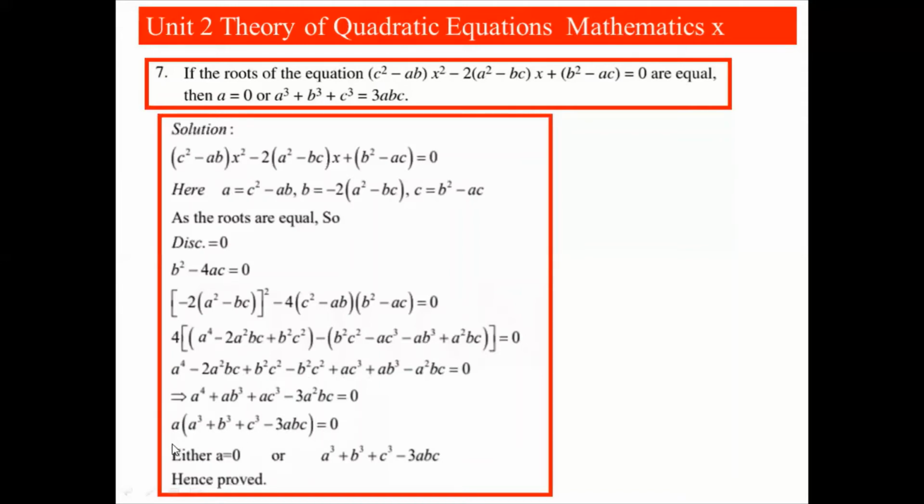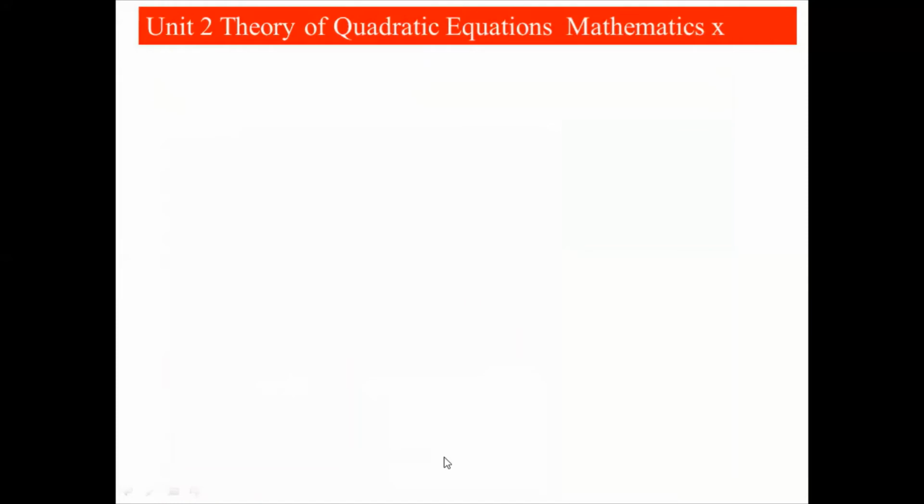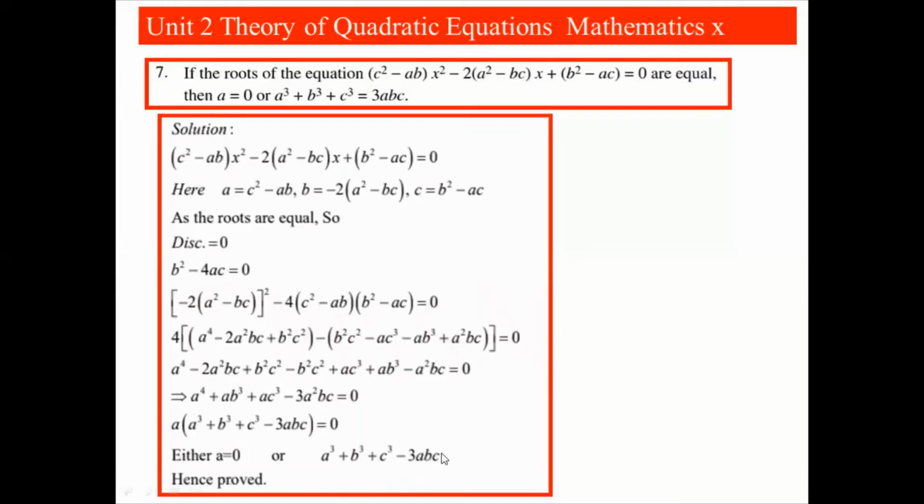Since the product of these two terms is equal to 0, either a is equal to 0 or a cube plus b cube plus c cube minus 3abc is equal to 0. This must be equal to 0, so just write here, this is a typing mistake, this must be equal to 0. Hence these are the required equations.